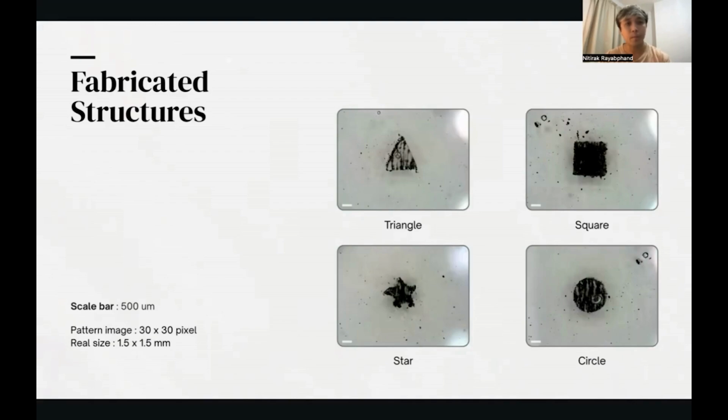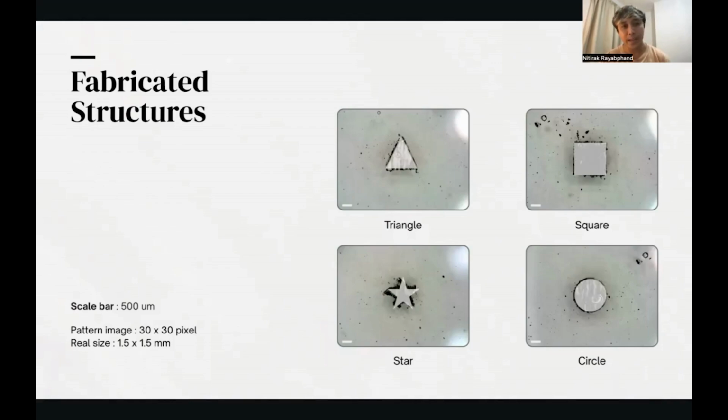For some smaller ones, these four geometric structures were fabricated using 30 by 30 pixel image. The real size of the structure is approximately 1.5 by 1.5 millimeters. The IOP alignment is still preserved, but we could observe severe distortion in the complex one like the star.